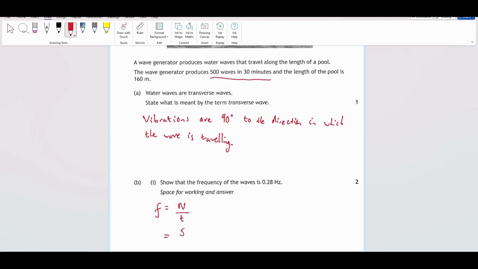So we do 500 all over, now remember, we use seconds, so it's 30 times 60 to get the number of seconds. And that gives us a frequency of 0.277. And to show that question, I'd show this first and then round up to 0.28 hertz.